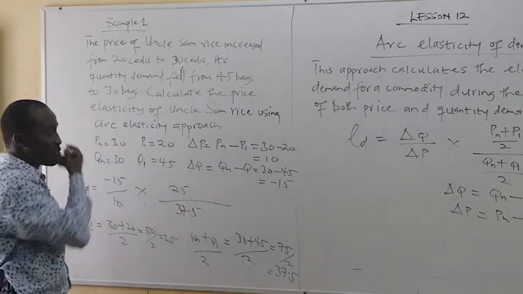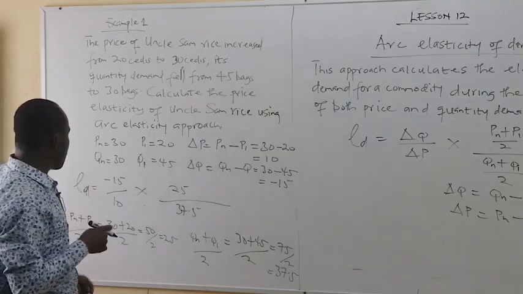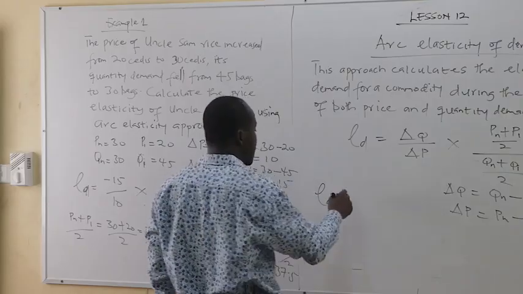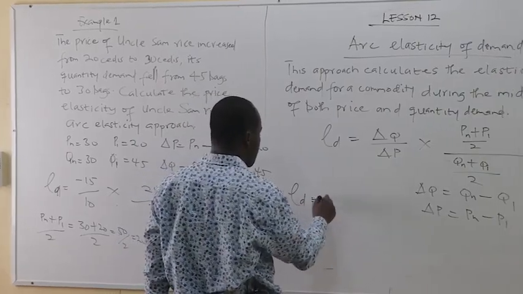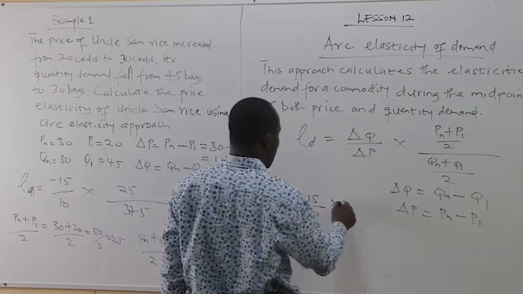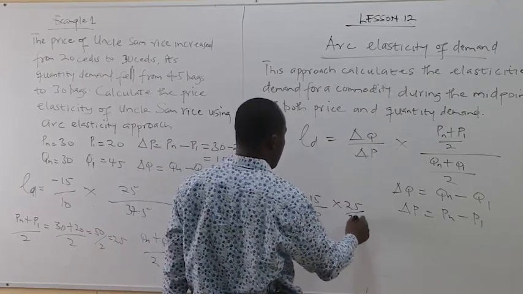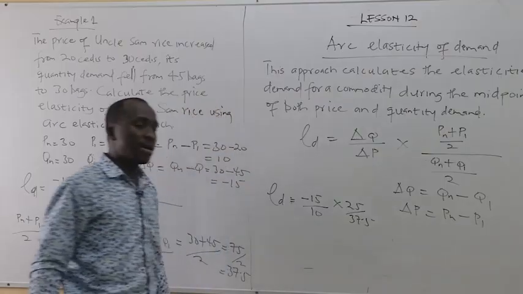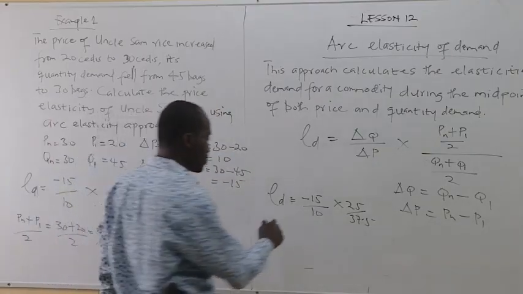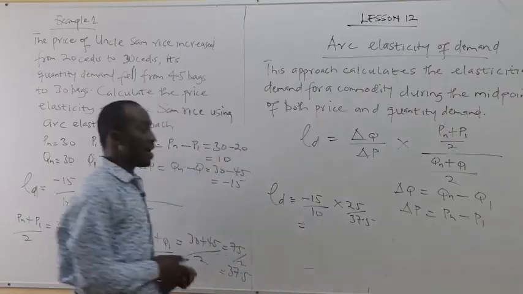My guess is true. So it means that now the elasticity can be rewritten as negative 15 over 10 times 25 divided by 37.5, right?